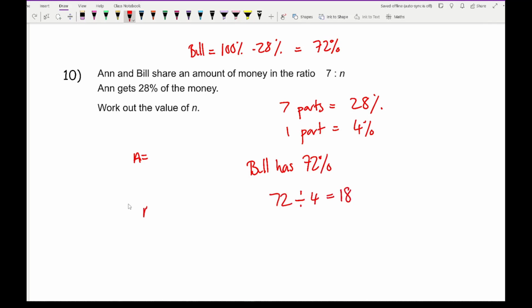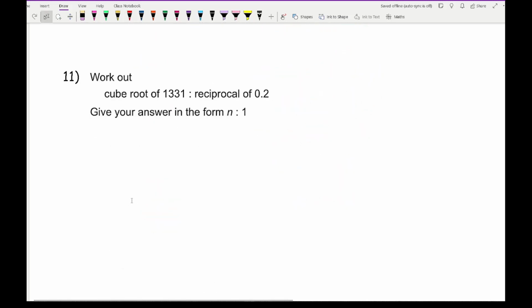So n equals 18. Then moving on to question 11, it says work out the cube root of 1331 to the reciprocal of 0.2 rather. So here the cube root of 1331, which I can just stick straight into my calculator, is 11, and the reciprocal of 0.2, which is 1 over 0.2, is 5.